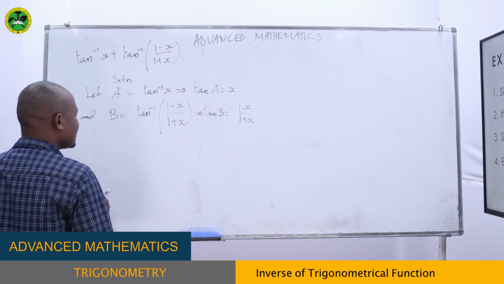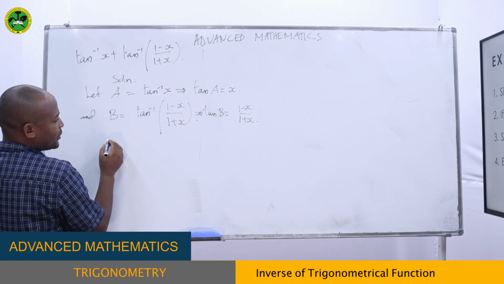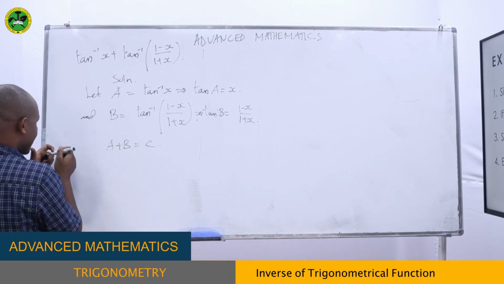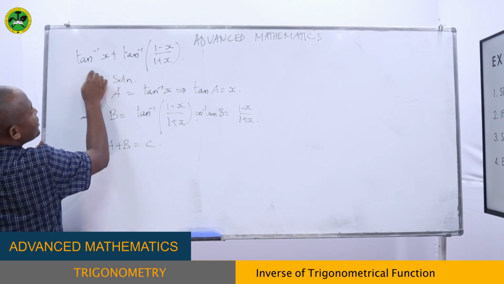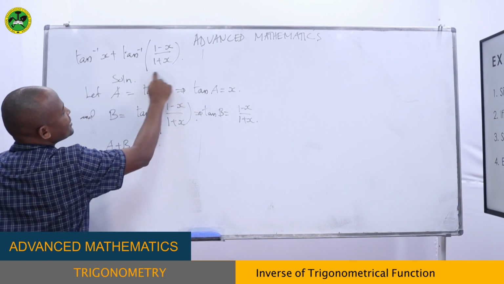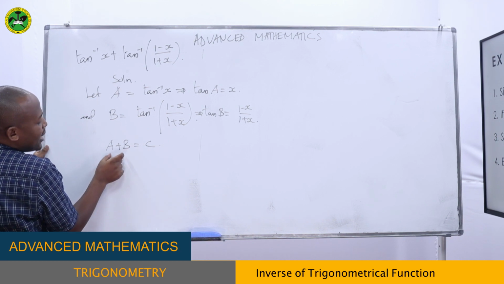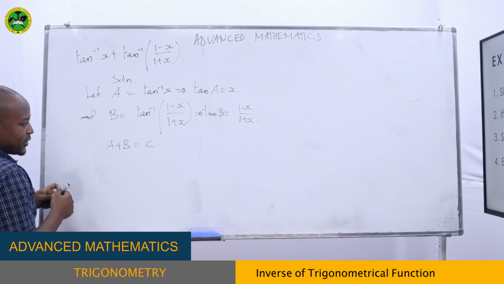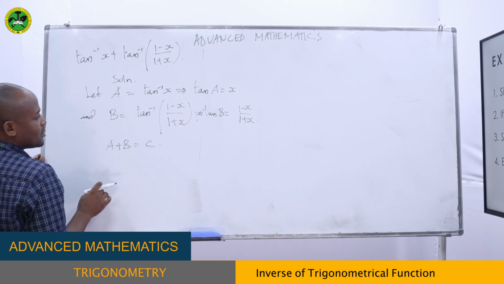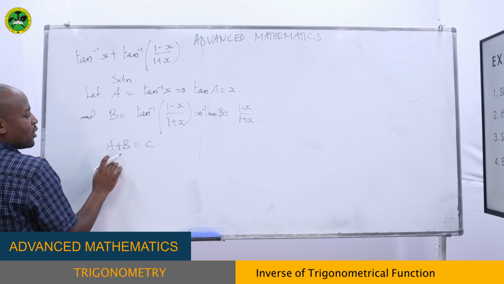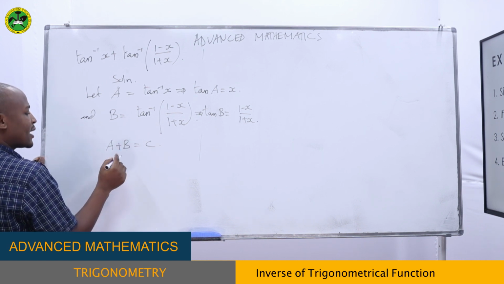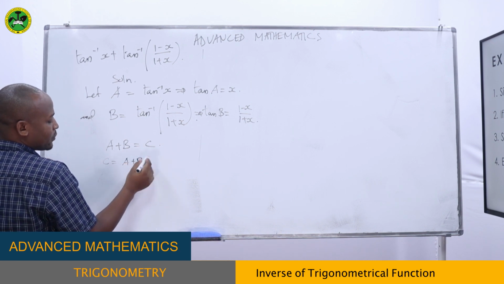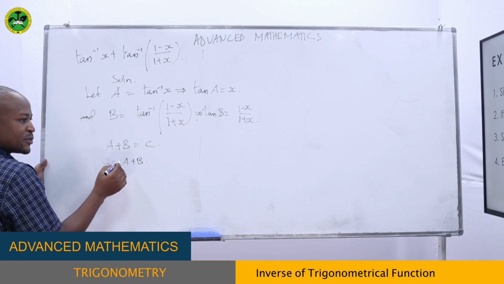And then after that, can we say A plus B is equal to C? Because we want the sum of this; I called this one A and that one B, so I'm trying to add A to B, and my sum will be C. Then I will take tan of both sides.